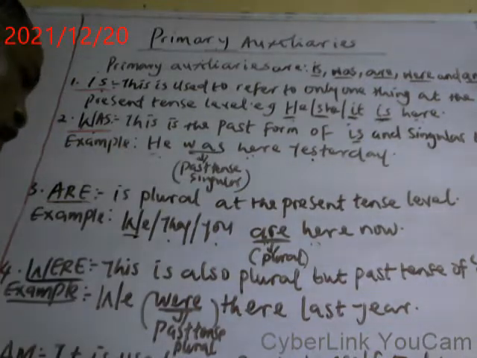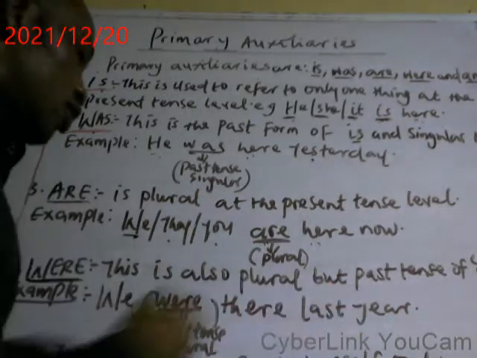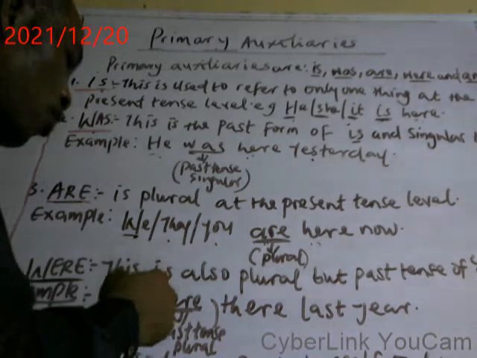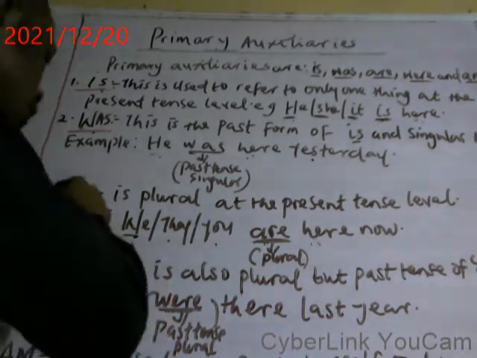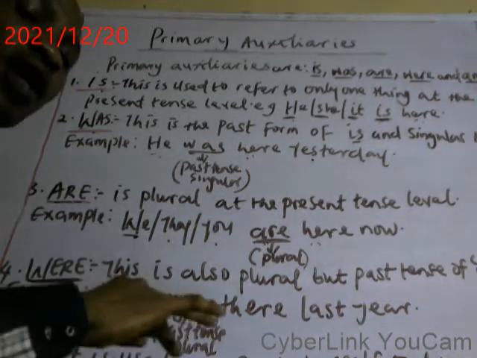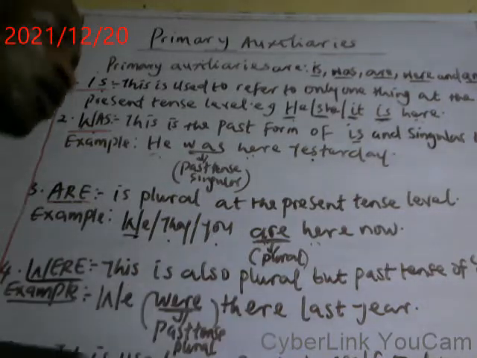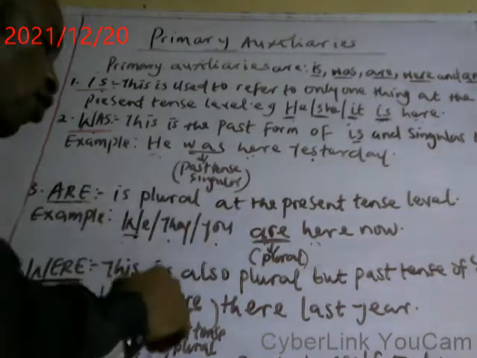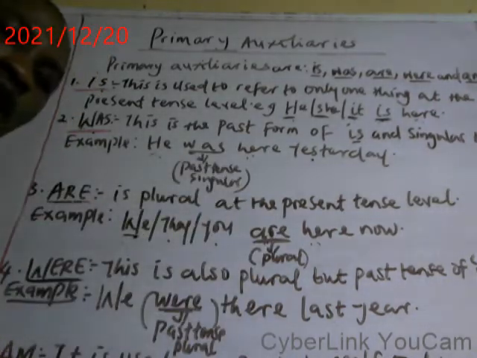"Were". Look at it. We were there last what? Last year. We were there last year. The past form of this is this. You get it? But both of them, they are what? Plural. Only the time of the action separates both of them. While "are" is present tense, "were" is what? Past tense.